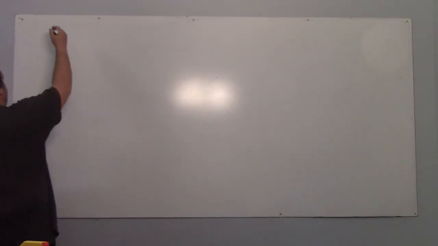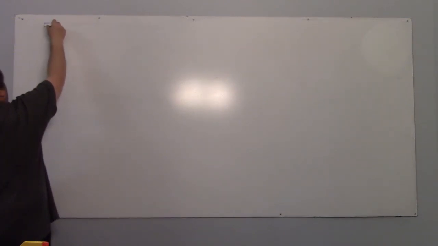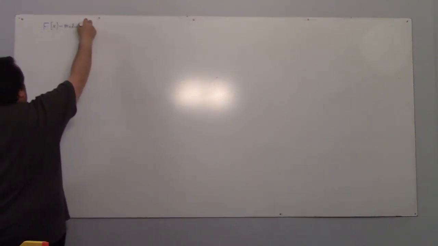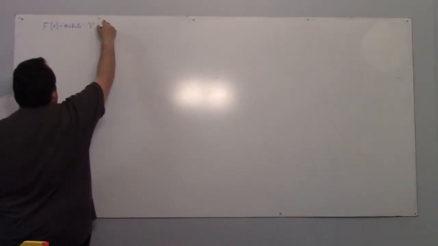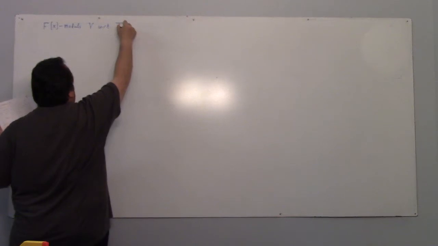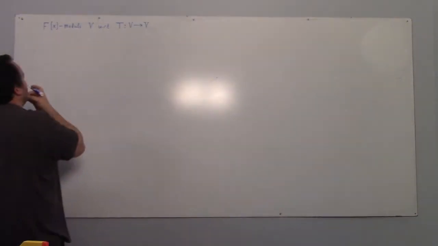So I'll try to go as quickly as I can through some of the theoretical linear algebra that's at the basic background of this. Our ultimate goal at the moment is to understand the f(x) module V with respect to an endomorphism T which goes from V to V, right?